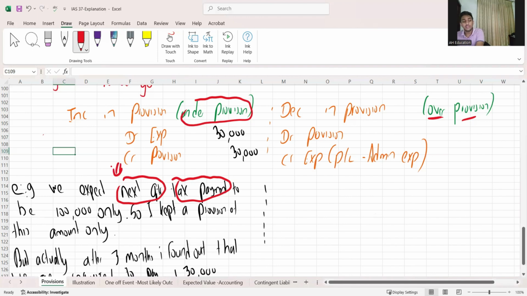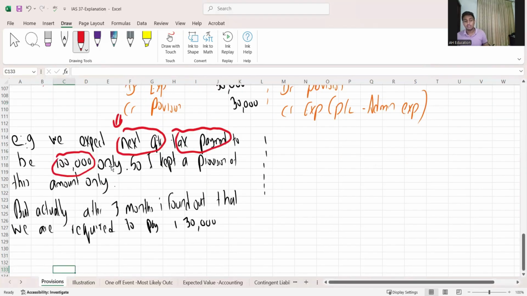So therefore, we are required to create a provision. What we did on 31st December 2001 is we created a provision of 100,000, right? That is what we expected initially. But as days were passing on, we found out that we have underestimated, or in other terms, we have under provisioned.